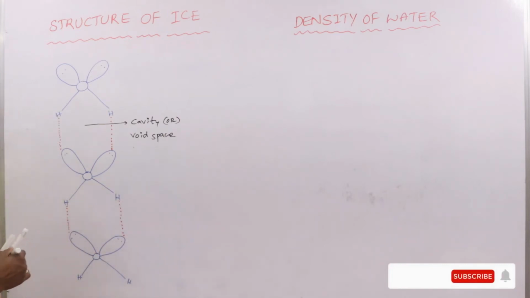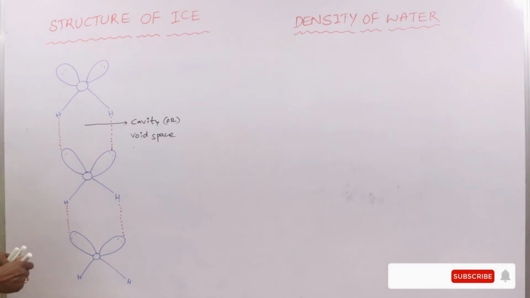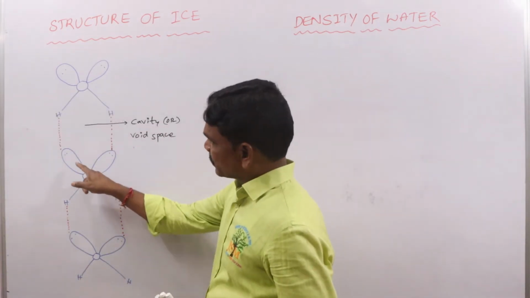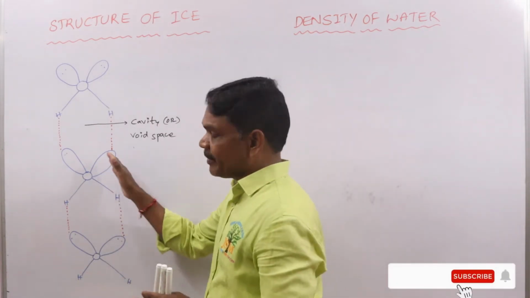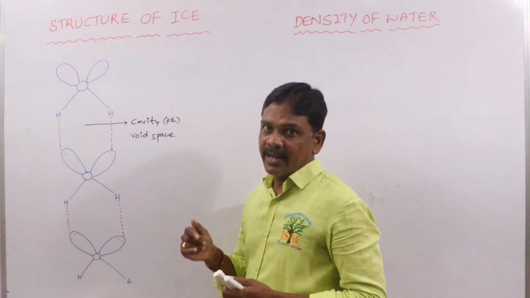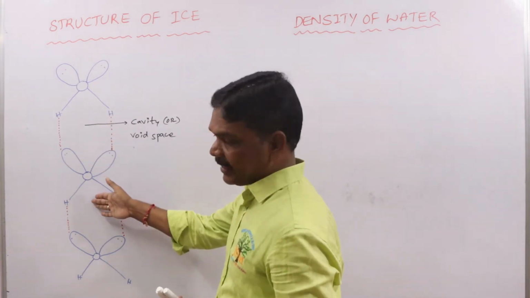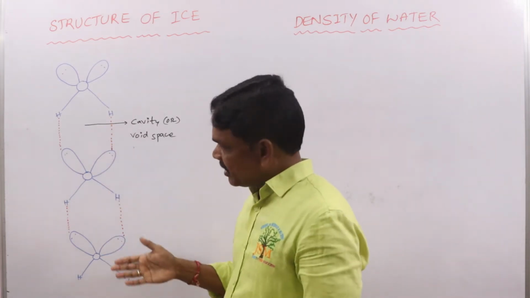Here also it is the same, a cavity or void space. Around this oxygen, 4 hydrogen bonds are forming in a tetrahedral manner. Like this, void or cavity empty spaces are formed in the formation of ice.